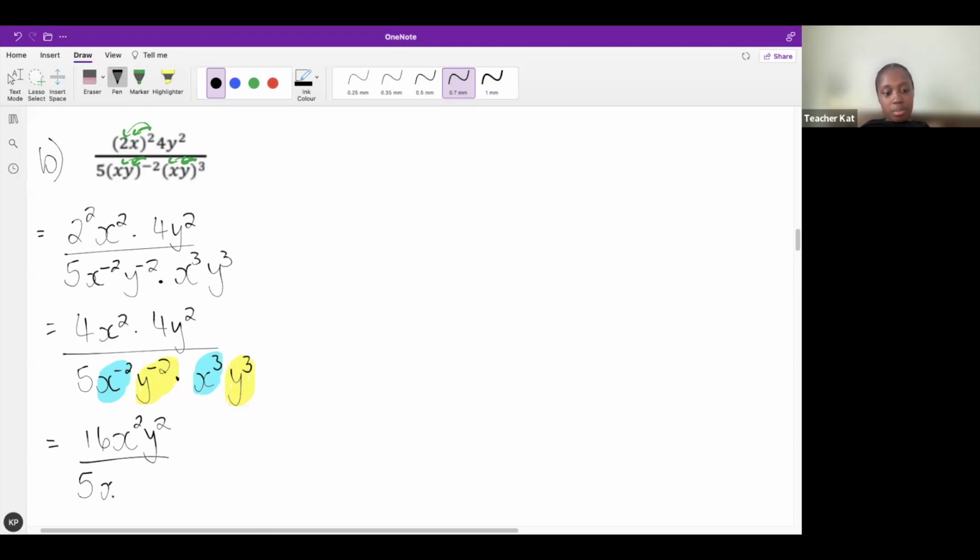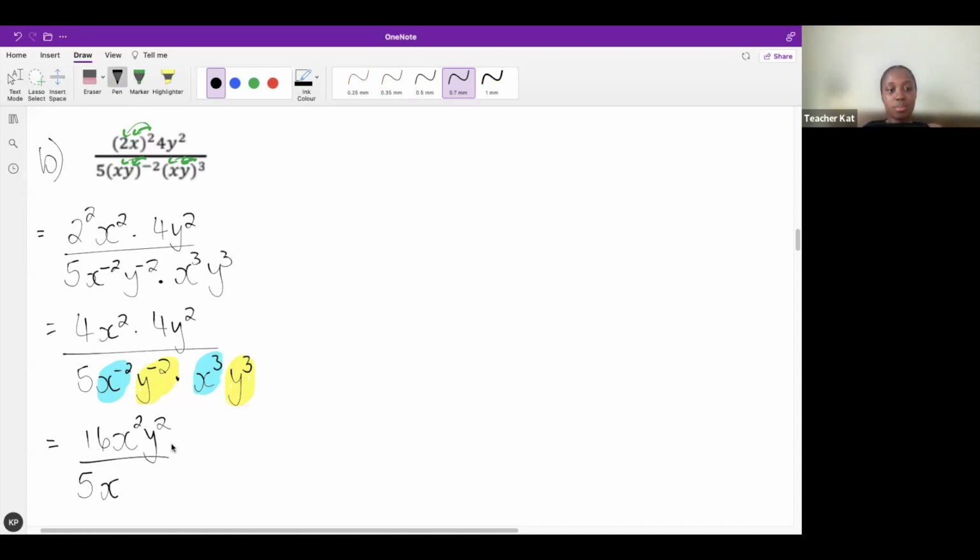So I have x to the power of negative 2 plus 3. Okay, actually, what's negative 2 plus 3? What's my new exponent for x? To the power of negative 2 plus 3, which is 1. So I'm just going to leave it.